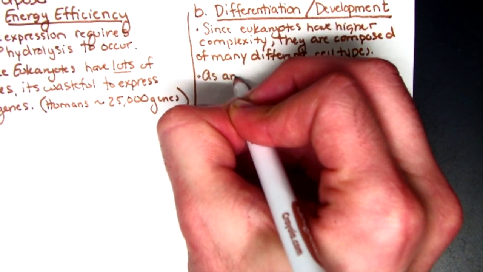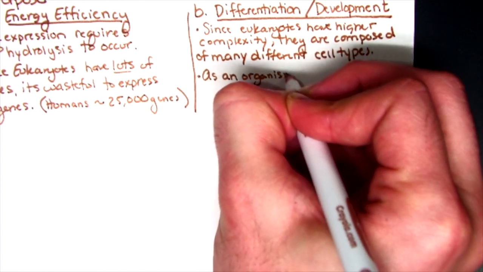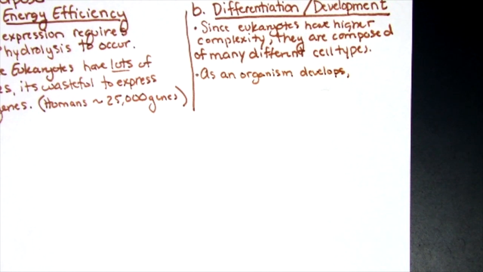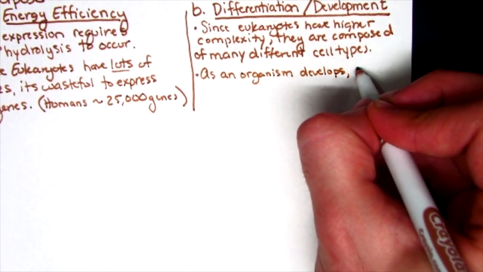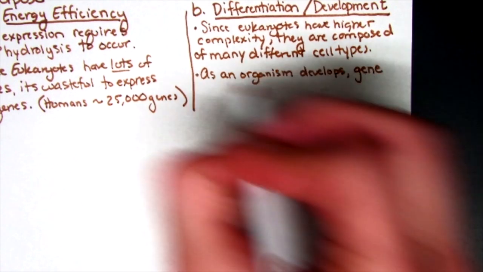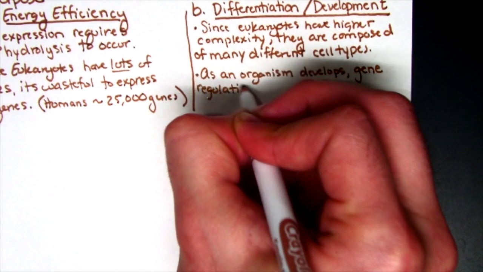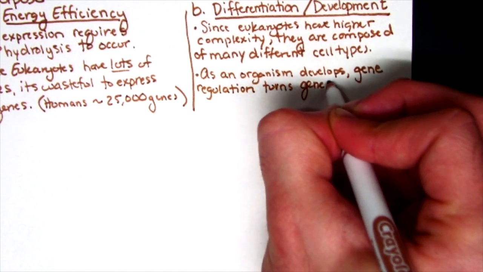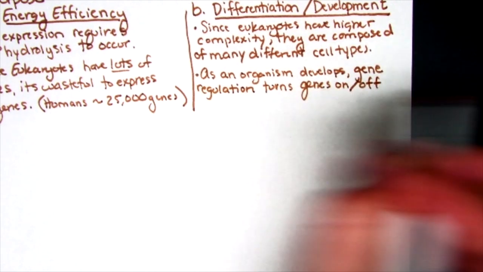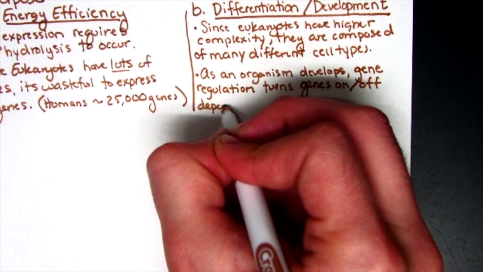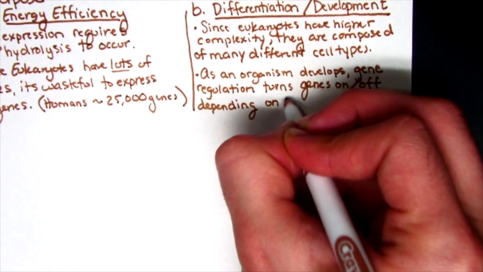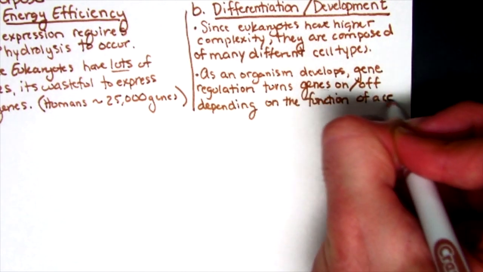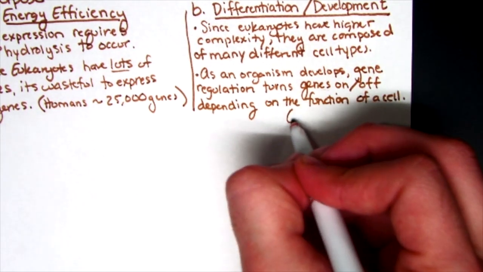So as an organism develops, gene regulation turns genes on or off depending on the function of a cell, and we call that process differentiation.